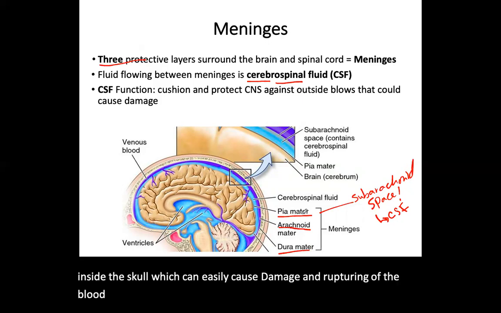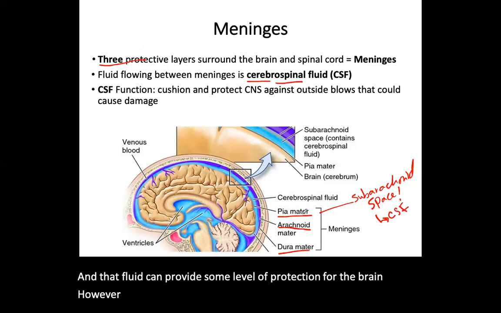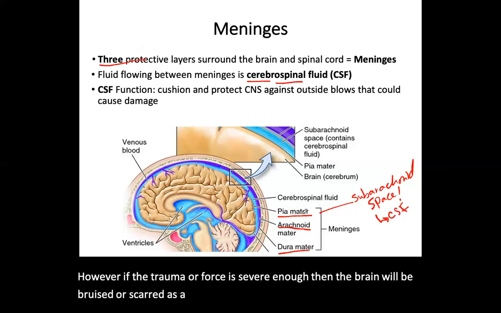However, if you surround the brain with a fluid, that fluid can provide some level of protection. However, if the trauma or force is severe enough, then the brain will be bruised or scarred as a result of that movement.